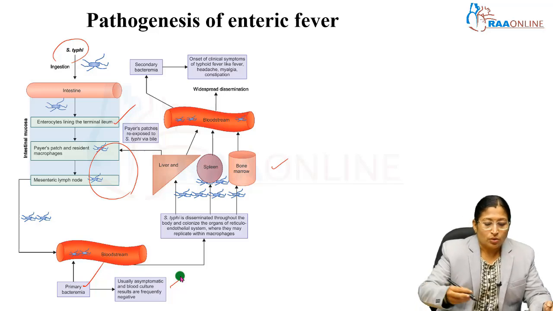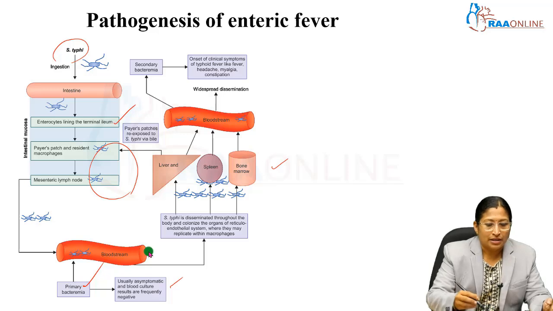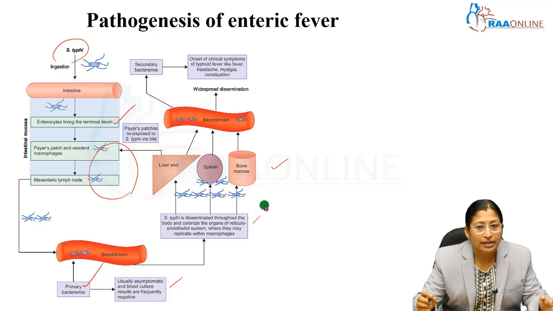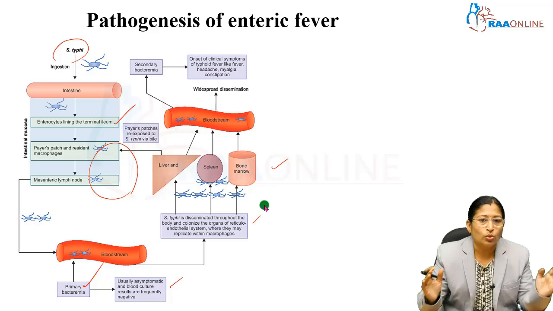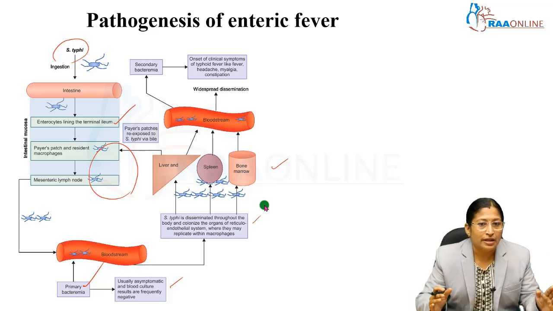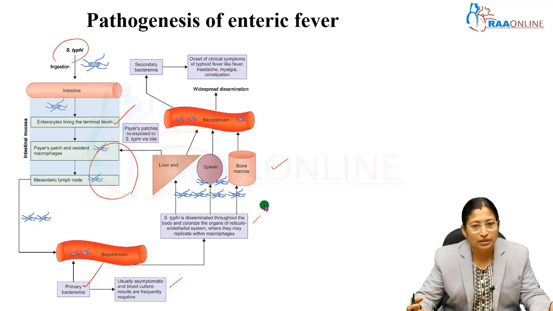Okay. So after primary bacteremia, the Salmonella typhi now disseminates throughout the body and specifically it colonizes the organs of the reticuloendothelial system where they again multiply within the macrophages. So it is an intracellularly multiplying organism. It is a gram-negative bacilli which is multiplying within the macrophages.